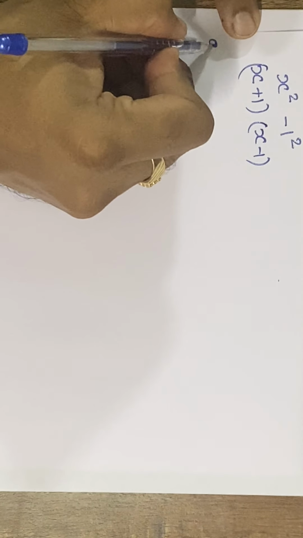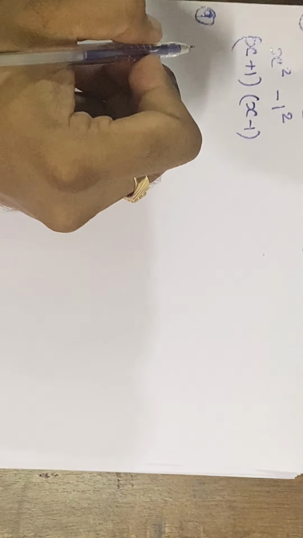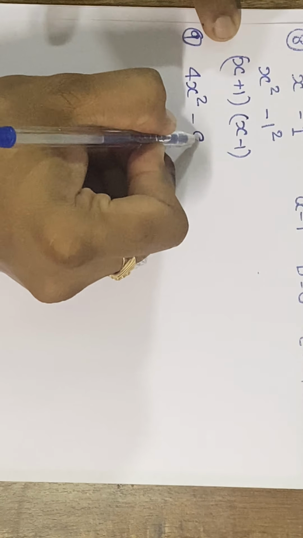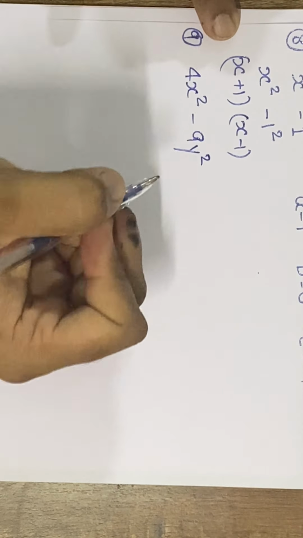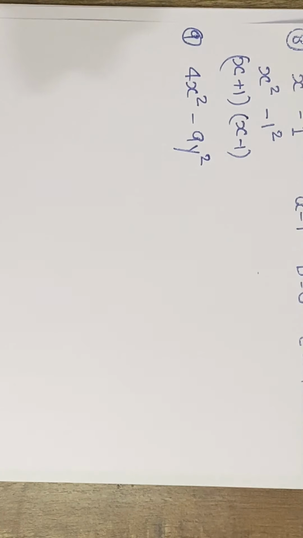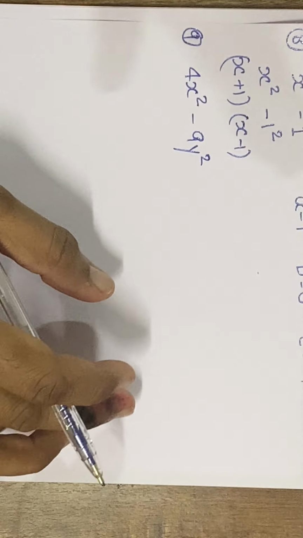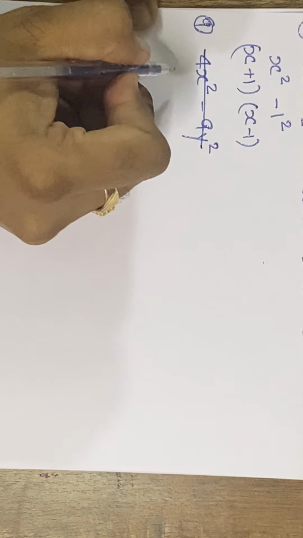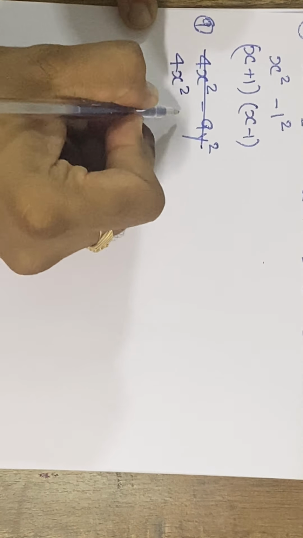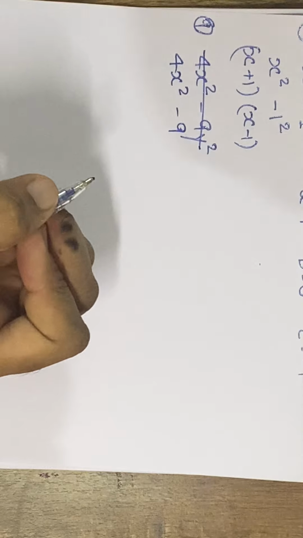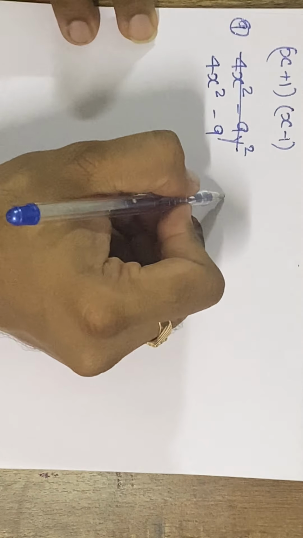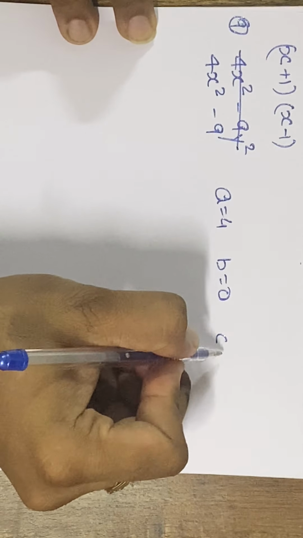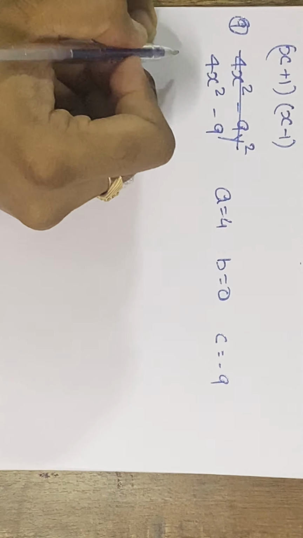I'll try to show one more example. Suppose it is something like this, 4x square minus 9y square. This does not come under quadratic equation, I think. Okay, so I'll just take 4x square minus 9. Here again you can say the value of a is 4, b is 0 and c is minus 9.